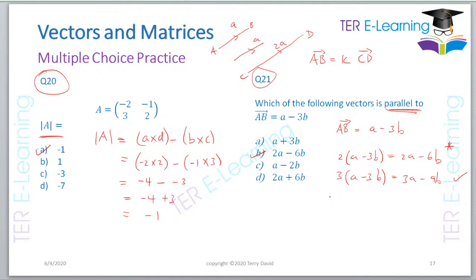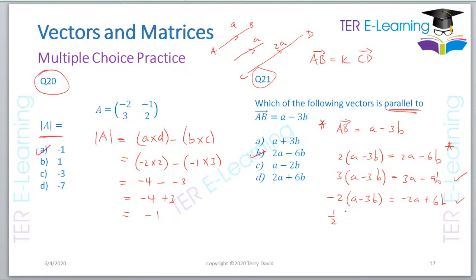If I multiply A minus 3B by minus 2, then this vector is going to be minus 2A plus 6B. This is also a vector that is parallel to the original vector AB. I can even use a fraction.